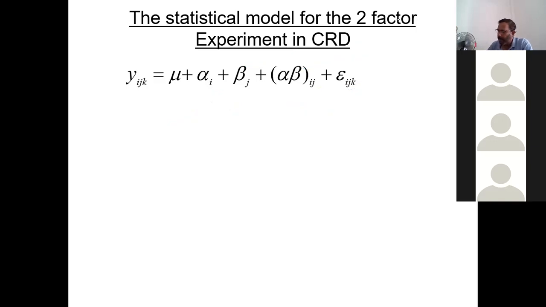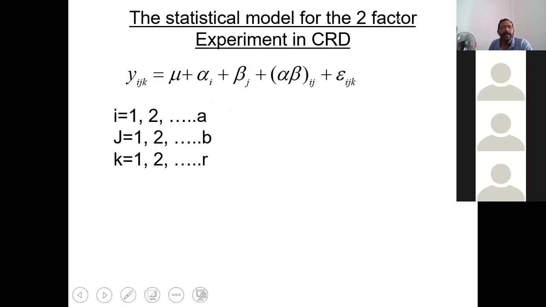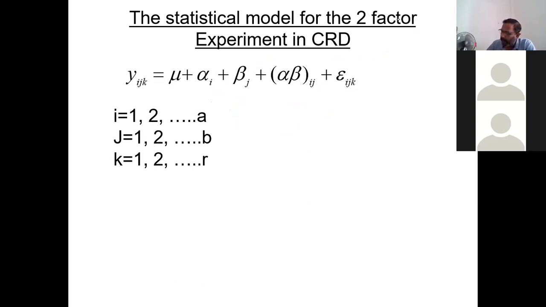You can write it down. i is from 1 to a. So this is the level of factor. For example, factor A, we say 1, 2, 3, we don't know how many levels. Likewise, up to a.